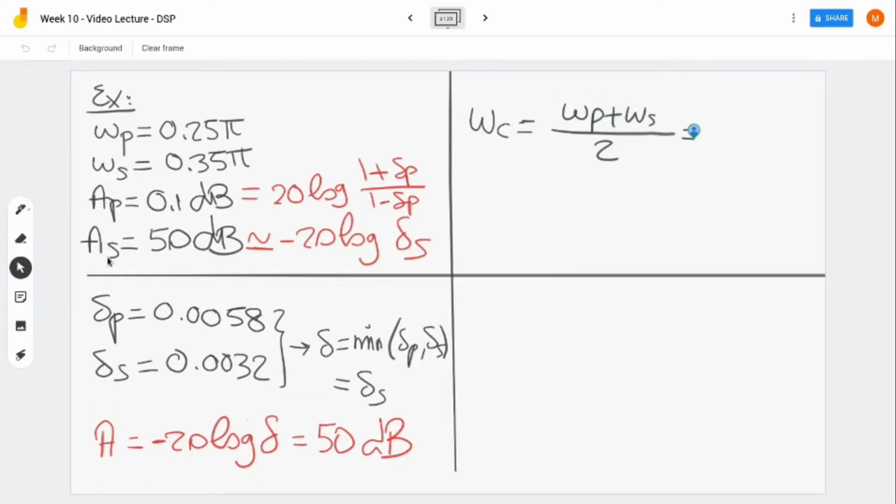Looking at the numbers we have over here, 0.25 plus 0.35 will give us 0.6 pi, divided by 2, so it's 0.3 pi. So the cutoff frequency is 0.3 pi. And delta omega is the difference between omega S and omega P, which is the width of the transition band. Omega S minus omega P will give us 0.1 pi.